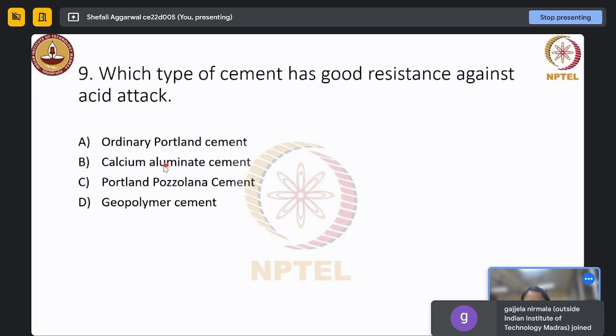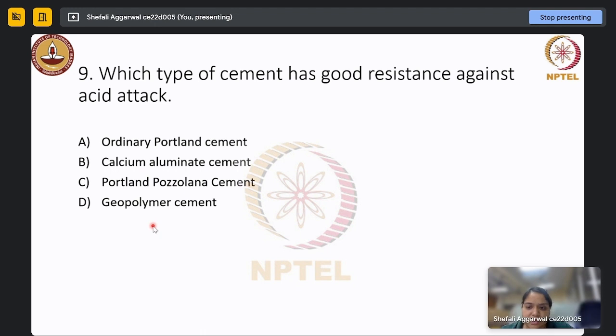Ma'am, another reason: I believe geopolymer cement may be better in terms of acid attack. How? Reasoning? Maybe geopolymer has a very low amount of calcium phases, ma'am.